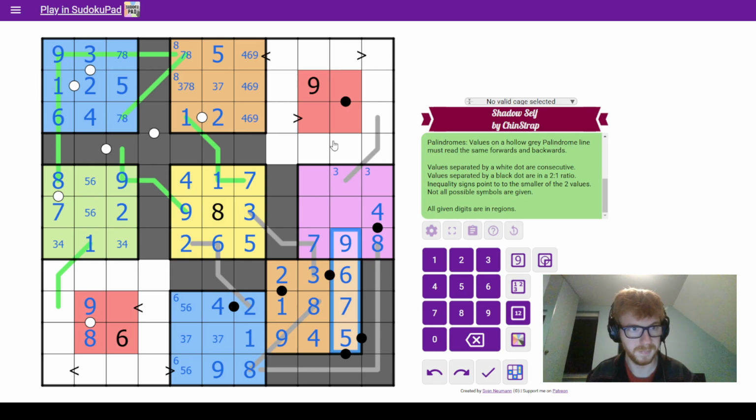Let's see. 5s. What am I missing in this column? I'm missing a 2. In this row, I mean. And I am going to have all the digits because this either moves this way or this way. So I need another 2 either from here or from here, but neither of those are restricted.